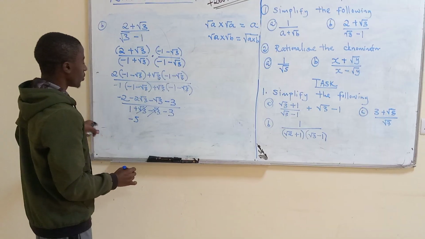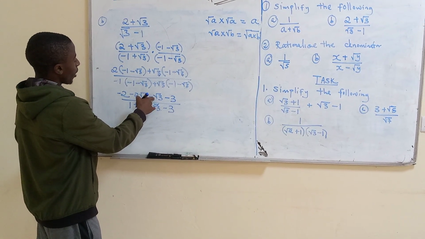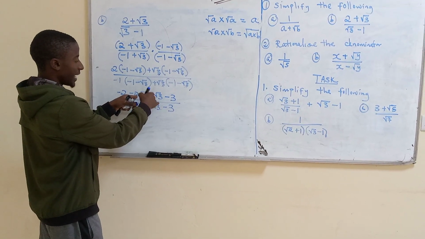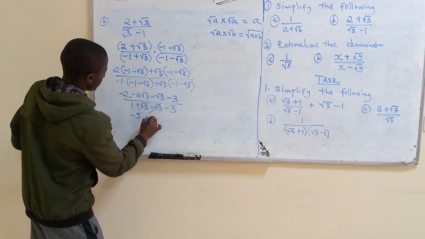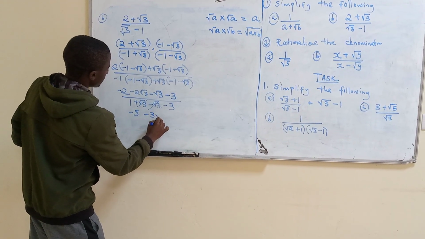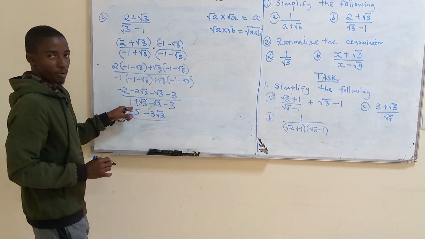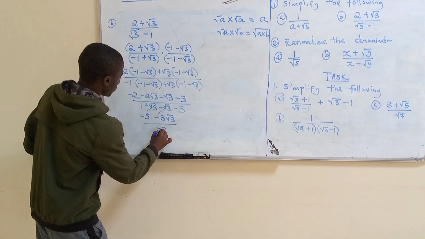So this simply means that here the coefficient is 1. You are subtracting negative 2 minus 1. That simply means that you are going to get negative 3 square root of 3 over what? This is positive 1 minus 3, which is negative 2.